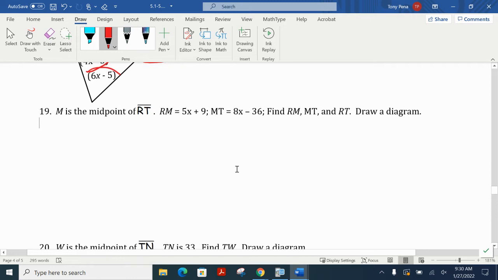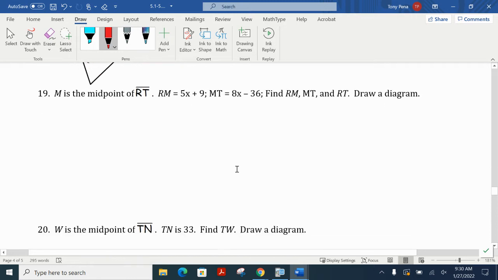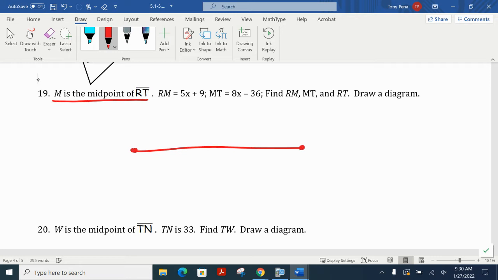We'll do one of each of these just to make sure we see one of each since we ran out of some technical issues here. So I'm telling you that M is the midpoint of segment RT. So when we did these, I would have you draw this out. So the segment RT, that's what I'm telling you this is. And then there's this point M that is directly in the middle of it.